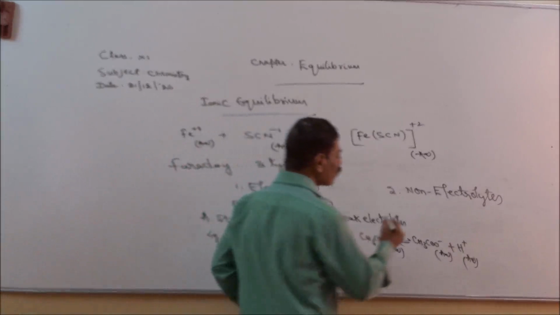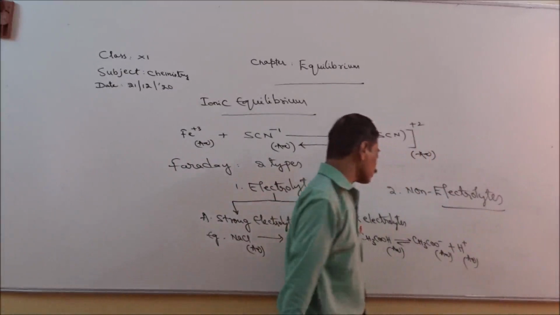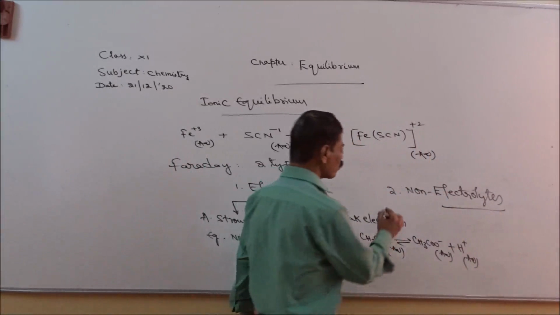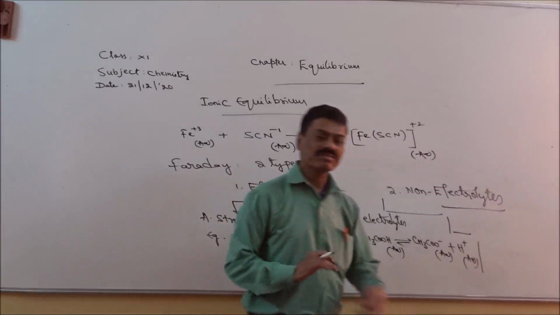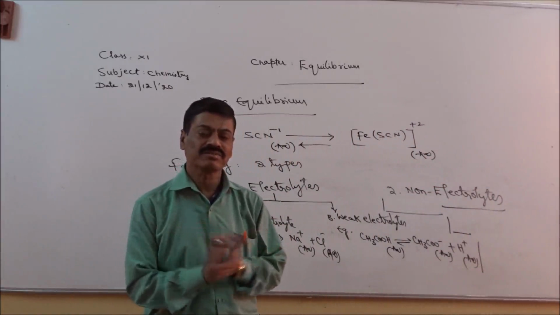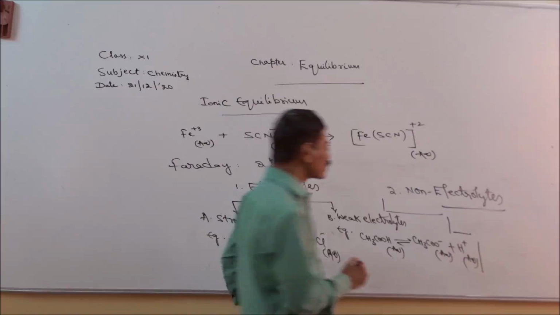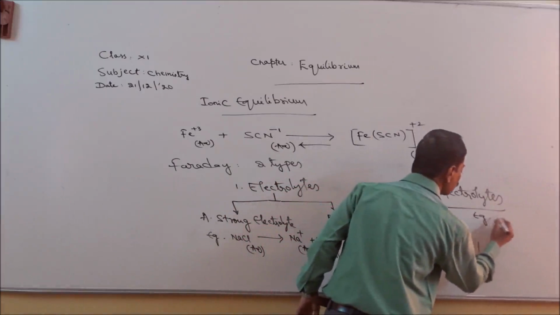So that's about the first type, that is electrolytes, and in that again two categories, strong and weak electrolytes. And non-electrolytes are those substances which do not undergo any ionization in aqueous medium, but are divided into molecules. The best example for this is sugar.